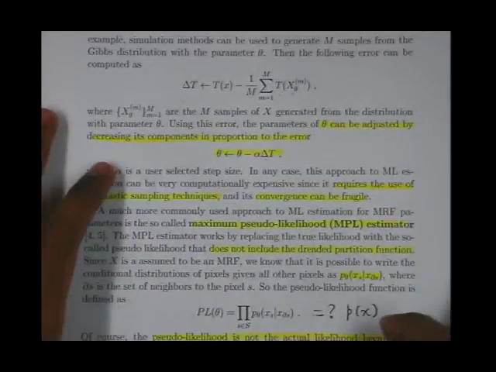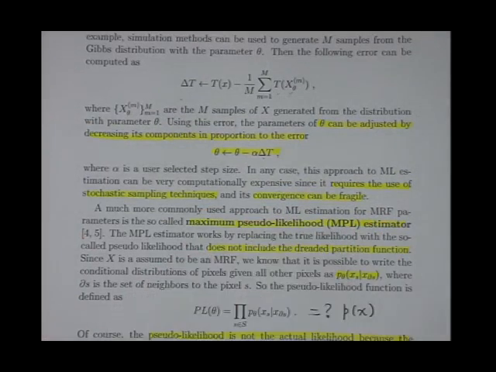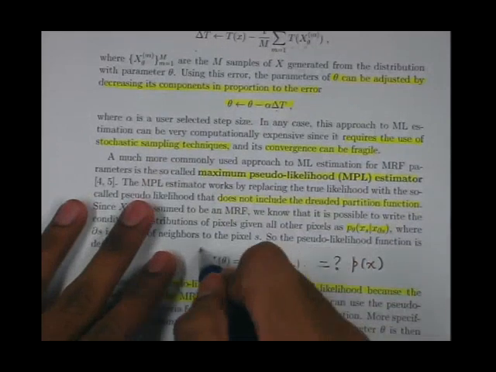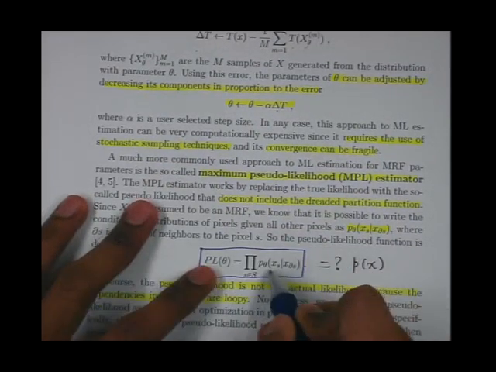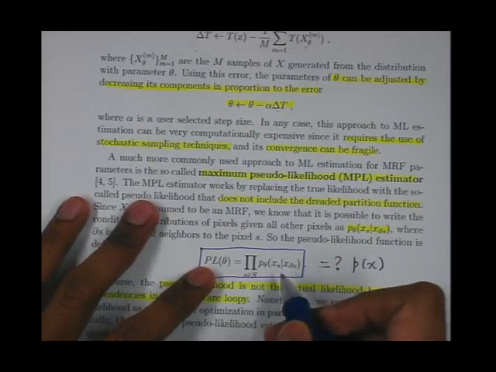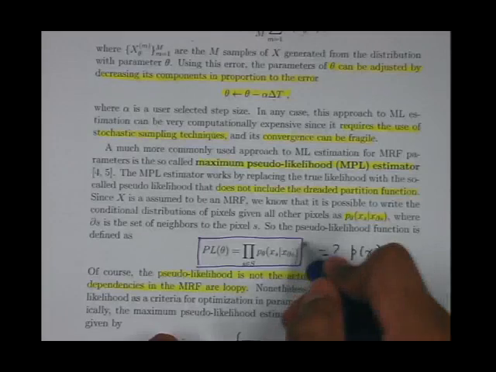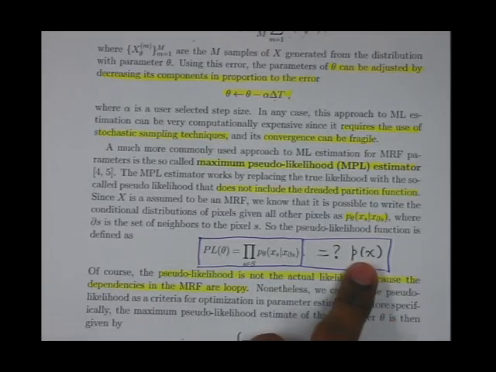So in pseudo likelihood, instead of looking at the likelihood, they define a new function called the pseudo likelihood function. The pseudo likelihood is simply the product of the conditional density of a pixel given its neighbors. Alright? So is this equal to the density function of the Markov random field?